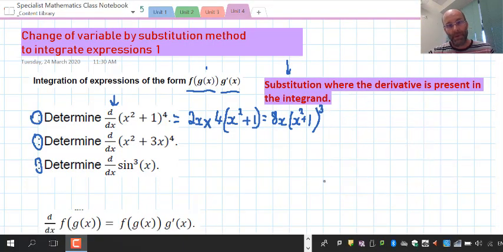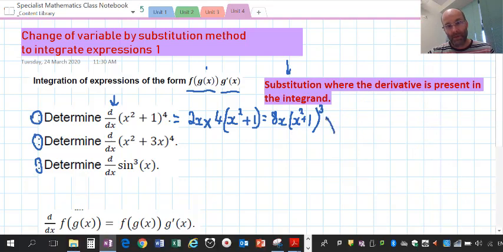So you can see the form: we've got the inner function raised to some power, that's a function of a function, and we've got the derivative of the inner function. Of course, it's also been multiplied by something, so the derivative of the inner function is 2x, and that's been multiplied by the 4.